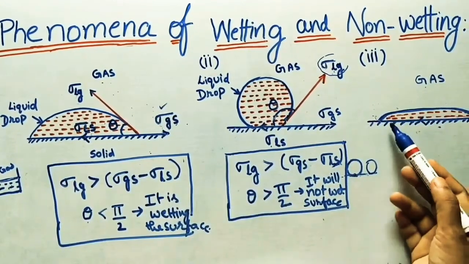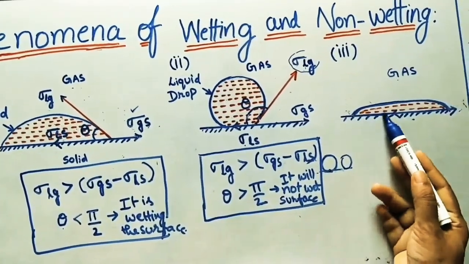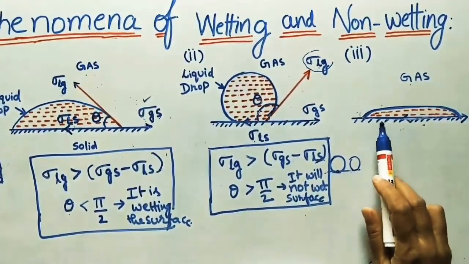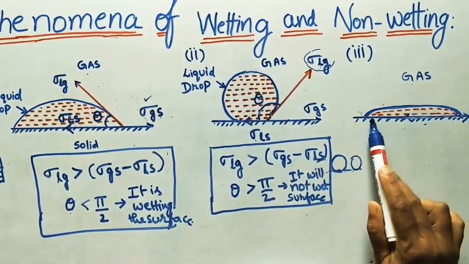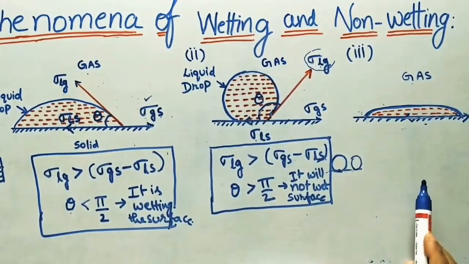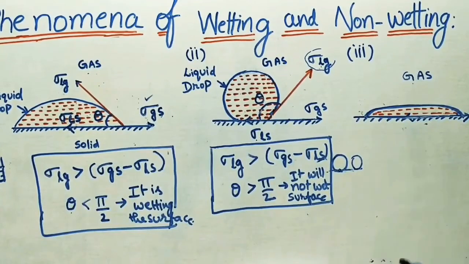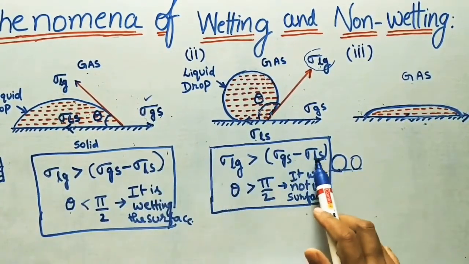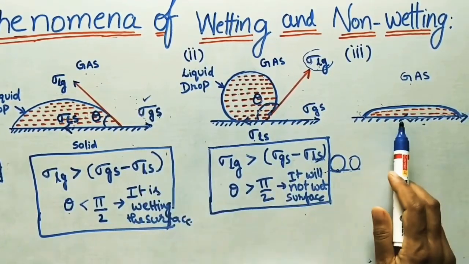If you are taking the third case, here the liquid is spreading on the surface. Whatever liquid we are taking, it will spread on the surface. There is no particular shape for this, so it is not in equilibrium. For the equilibrium condition, it should satisfy this condition, and only at that time is it in equilibrium.